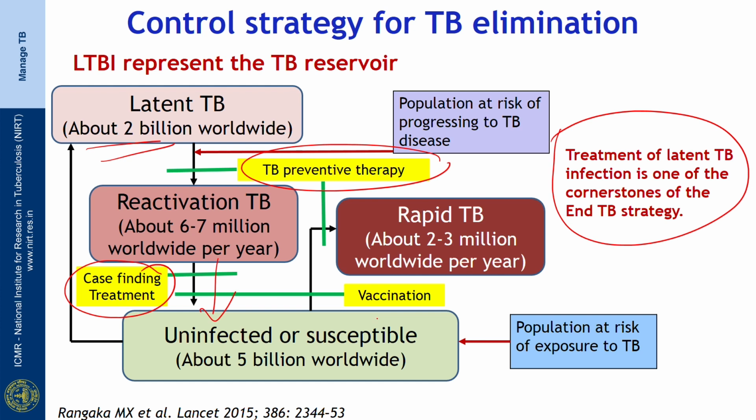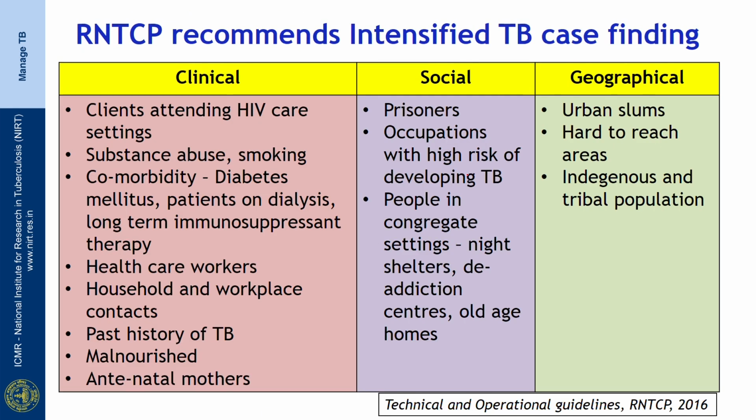For those who are susceptible, to prevent them from progressing to rapid TB disease, vaccination is a very important strategy, and preventive therapy also helps prevent their breakdown. So, now we know the importance of latent TB infection, since they are the reservoir for subsequent TB cases in our community.